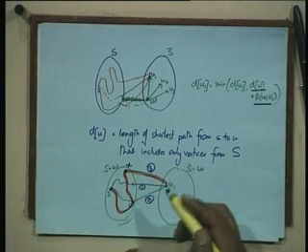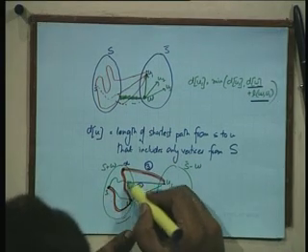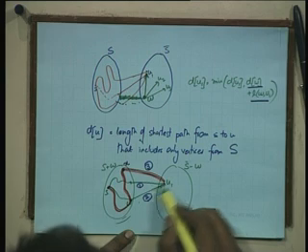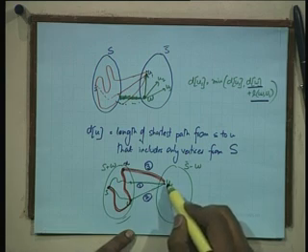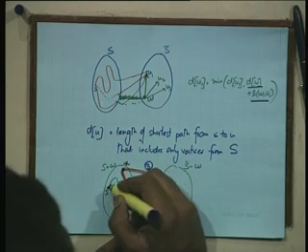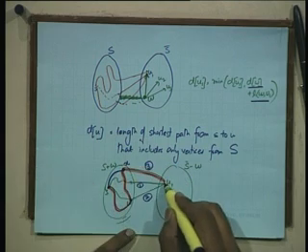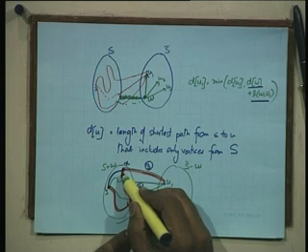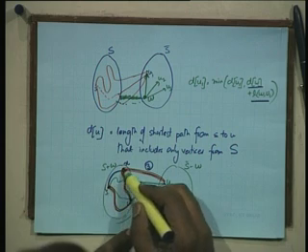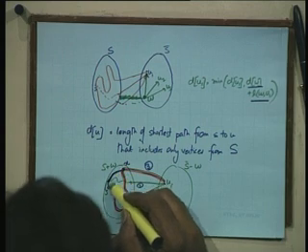So if this is the shortest path from S to U1, then S to x, this is also the shortest path. What is this blue line that I have drawn? This is the shortest path from S to x. Can you see the blue line? This is this one.